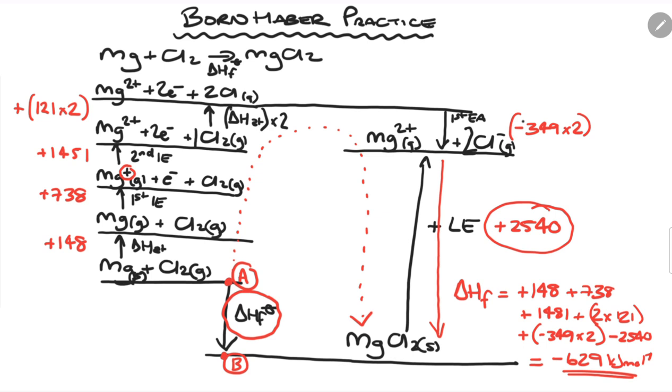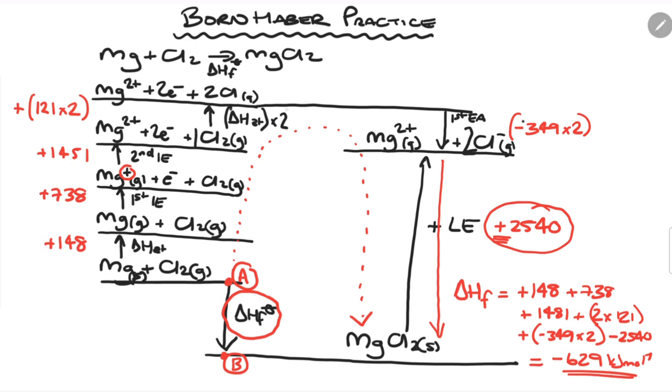So we can do that for any of these values which are in there. Obviously, we just have to start and stop in the relative position, but we can use a Born-Haber cycle to generate any of the unknowns that we have. The harder part of these calculations is typically looking after the signs, being aware of whether this lattice enthalpy value is positive or negative, and dealing with it as such.